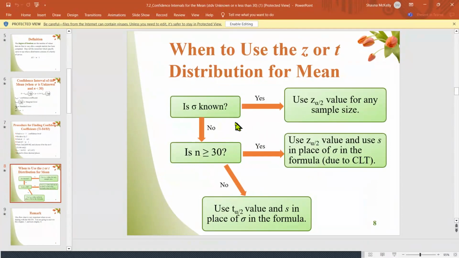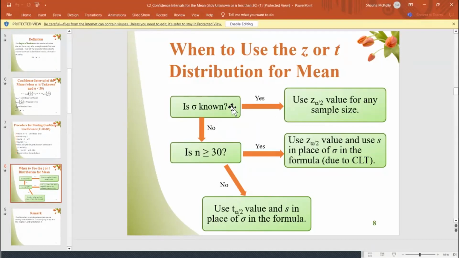Is sigma known? If sigma is known, you use a Z, just like 7.1, regardless of how big the sample size is. So if you know the population standard deviation, you use a Z, period, you're done. If sigma is not known, and by the way, you answer both of these questions, regardless of what the answer to the first question is.